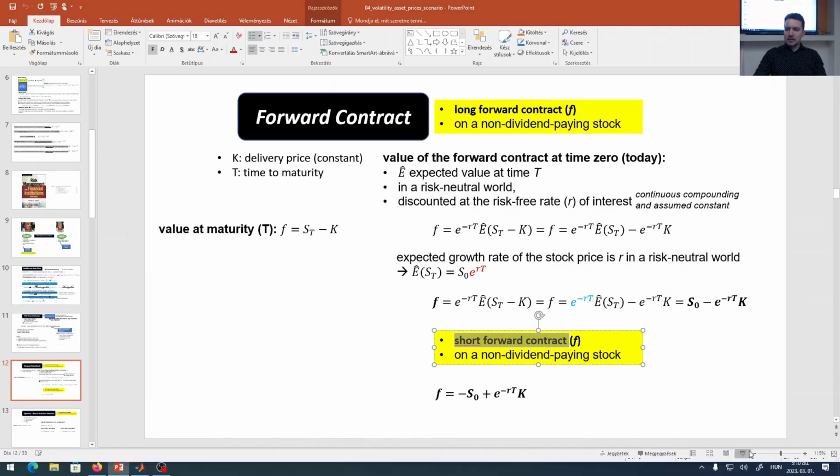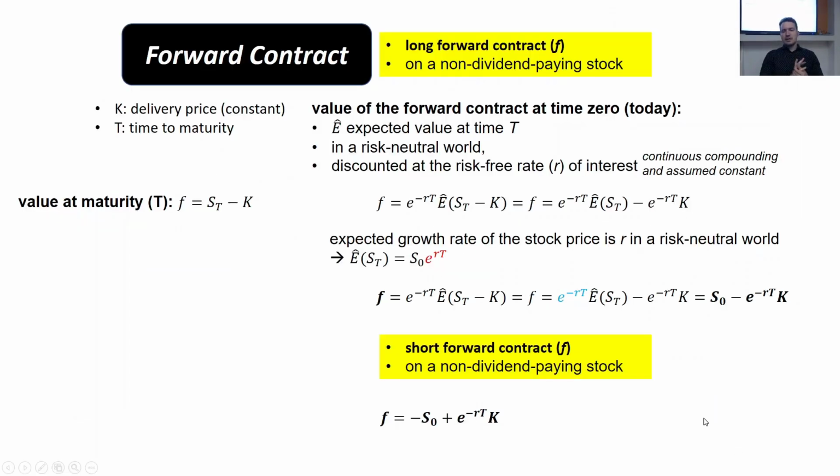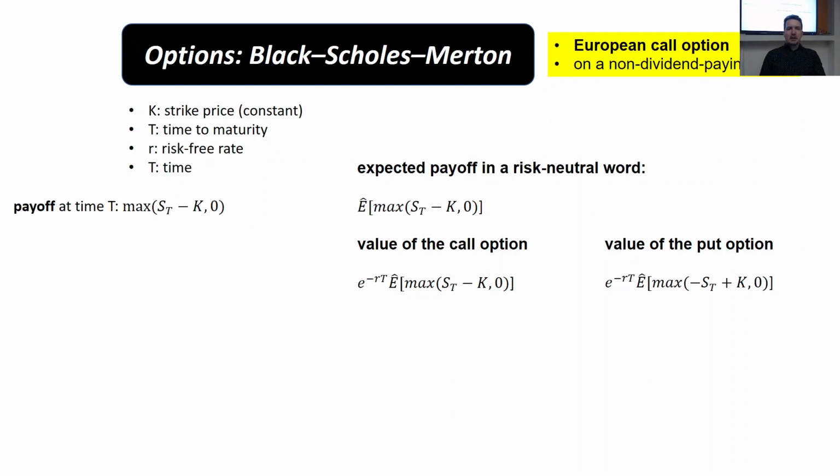Okay, but in this case, we were exploiting this behavior that the price just increases because of the risk-free rate, and you must compensate for this one. But in the case of the Black-Scholes equation, we have different behavior. What is happening here?